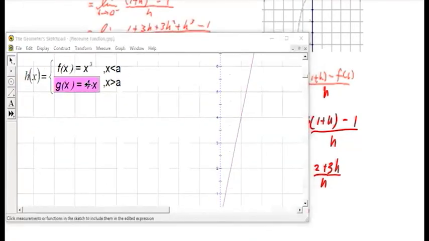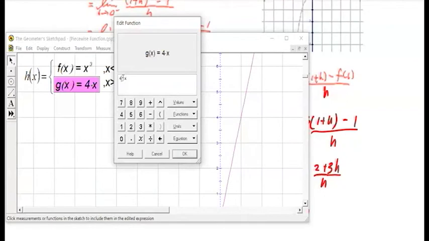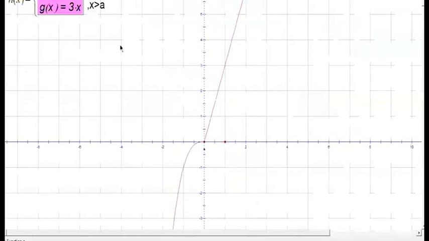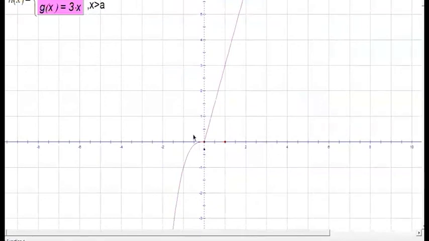Except I need to change this to 3. Now let's take a look at this thing. This is a breaking point. Now this is what we have. And then that dot belongs right there.